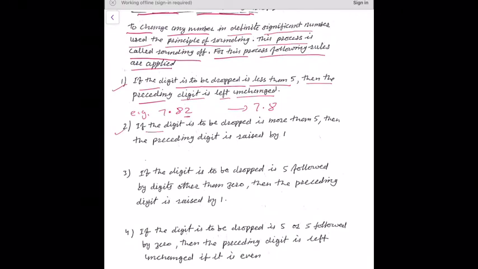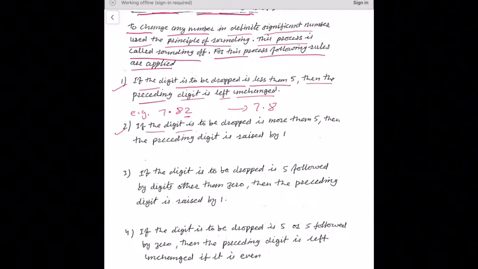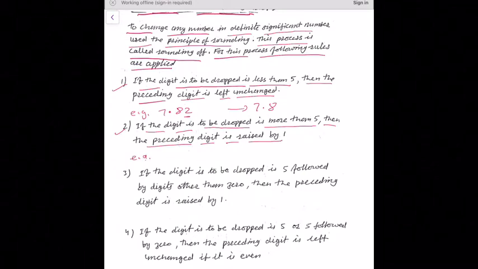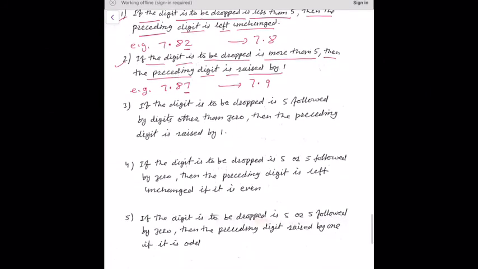Second, if the digit to be dropped is more than 5, then the preceding digit is raised by 1. For example, 7.87 is rounded off to 7.9 because 7 is greater than 5.